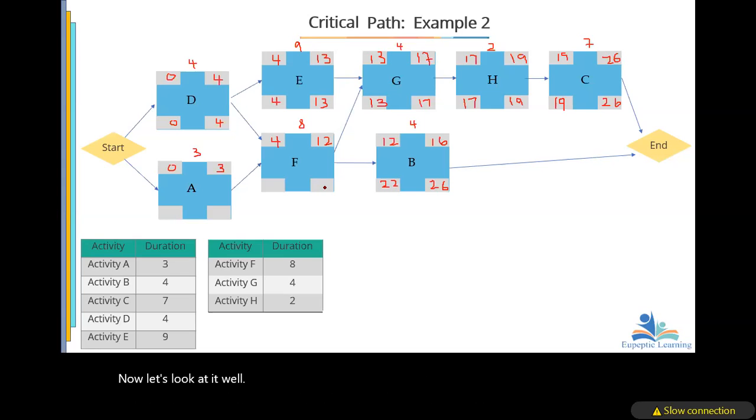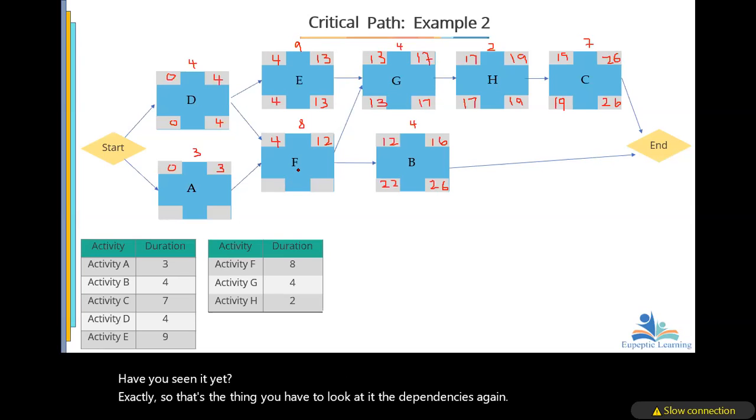Because if it finishes on 22, then J, which depends on it and has a late start of 13, cannot continue. Have you seen it here? Exactly. So you have to look at the dependencies again.